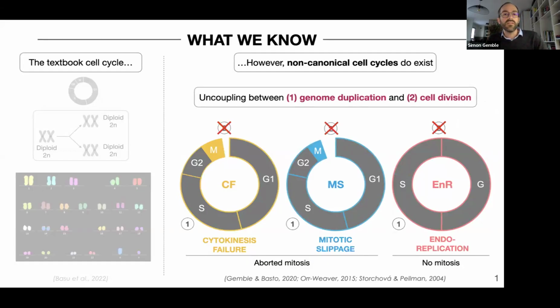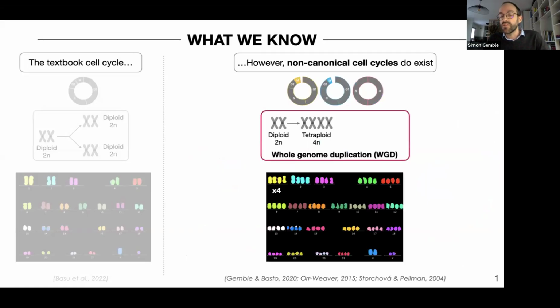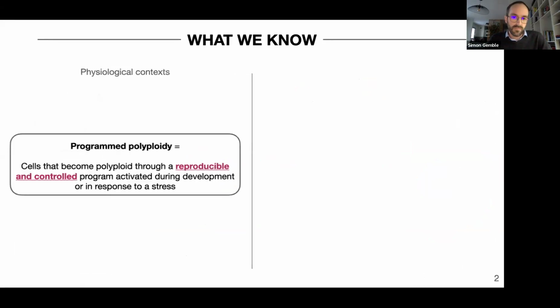So what does it mean? It means that cells duplicate their genome, but they do not divide. And so this is generating tetraploid cells that have 4 copies of each chromosome, as you can see here on this karyotype. And if multiple non-canonical cell cycles occurred, it's generating polyploid cells that accumulate multiple copies of the genome.